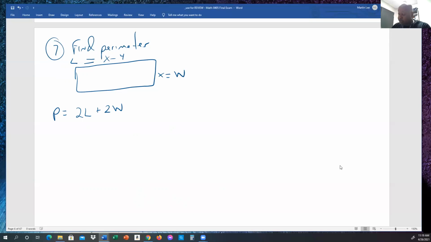And now we can just substitute in the length and the width. So we have 2 times L, the length, which is x minus 4, plus 2 times W, which is x.